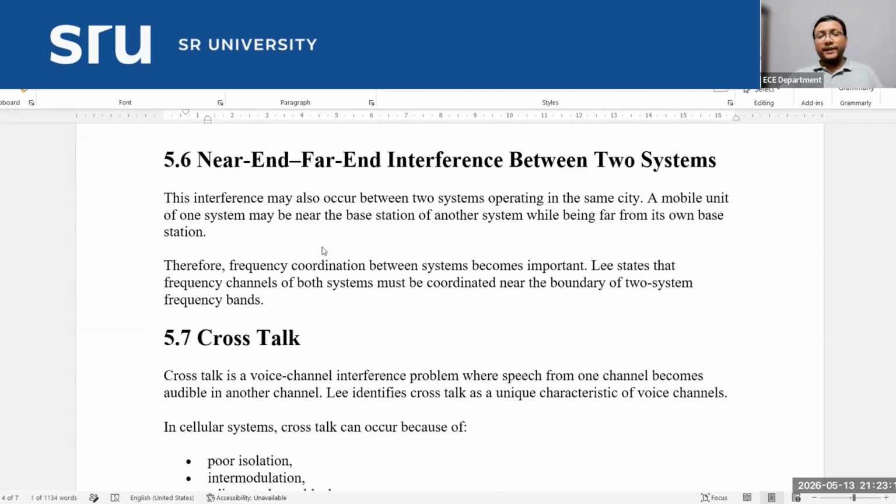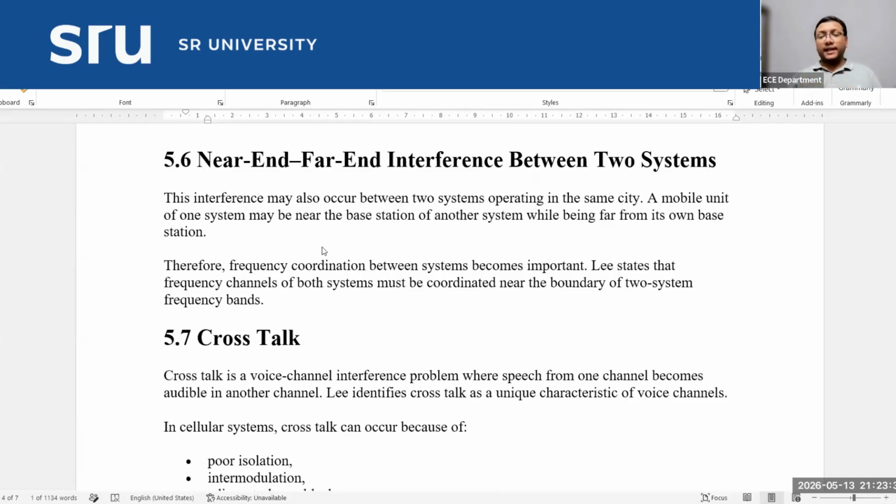Now, a similar type of interference is near and far end interference between two systems. So, what is the meaning of this? Suppose I am a mobile user. I should get a very strong telecom services signal from my own cell.